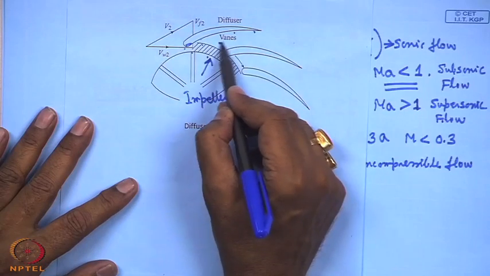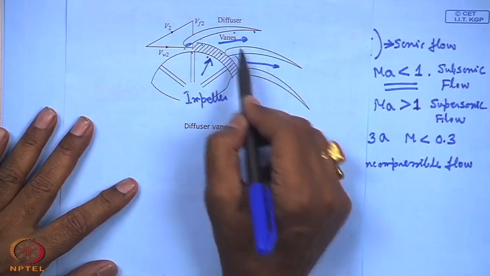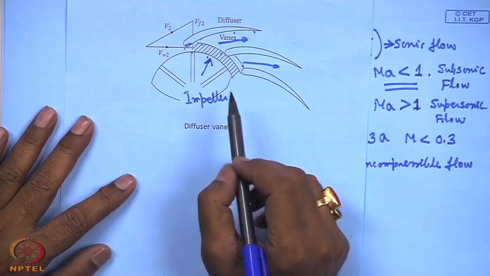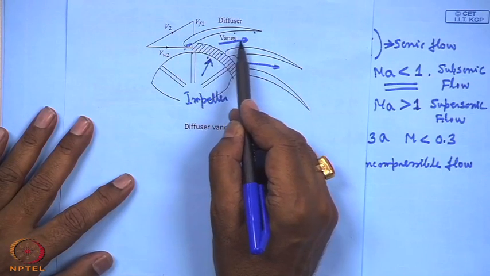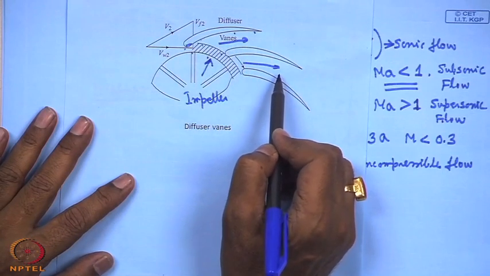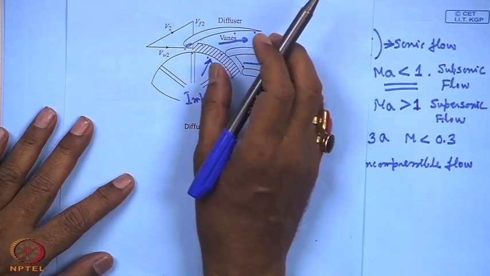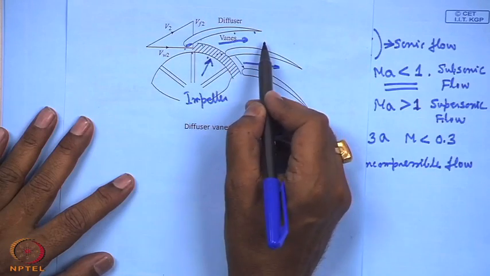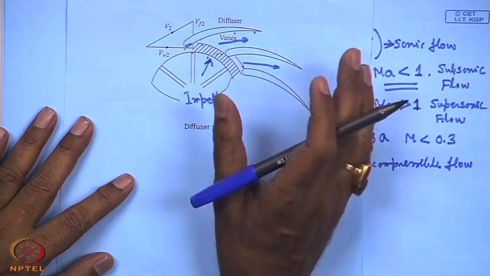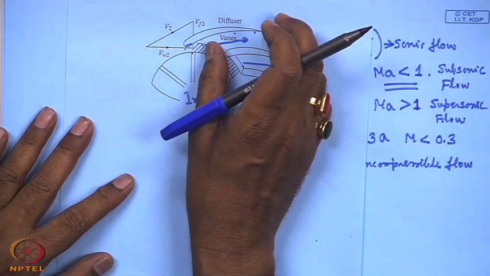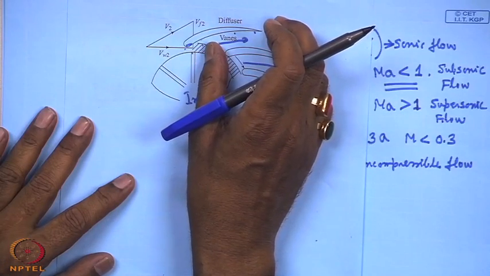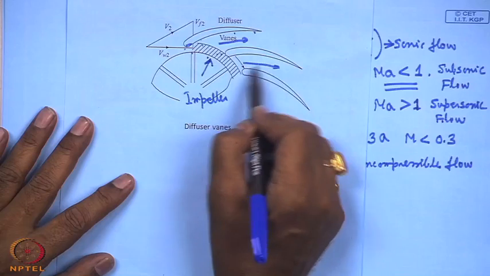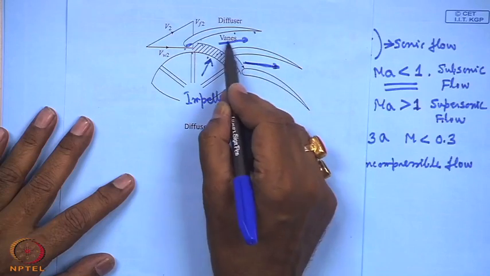To divide the air stream into several channels to make an effective control of the flow, and at the same time we can get the diffusion, that means a rise in static pressure at the cost of the kinetic energy, in a length as short as possible. So, because of this, a number of vanes are there to direct the flow in different channels.